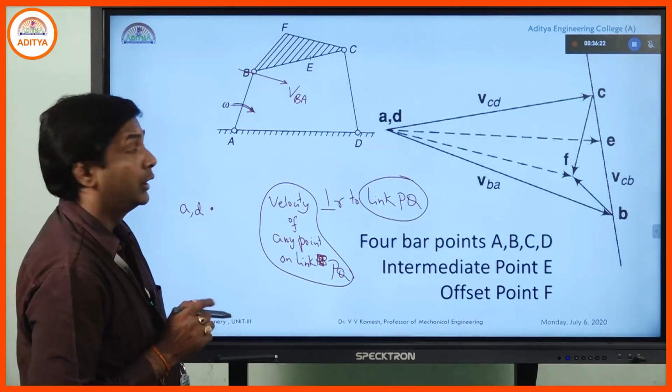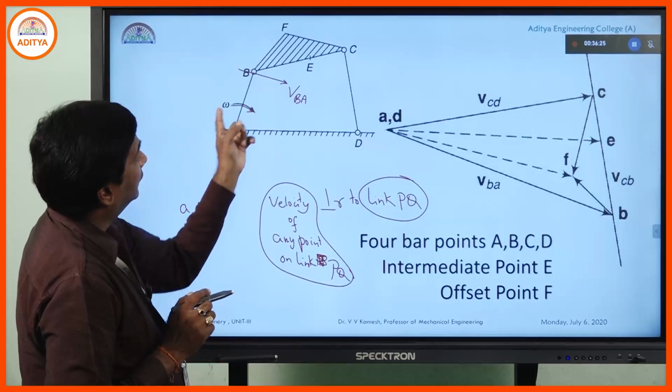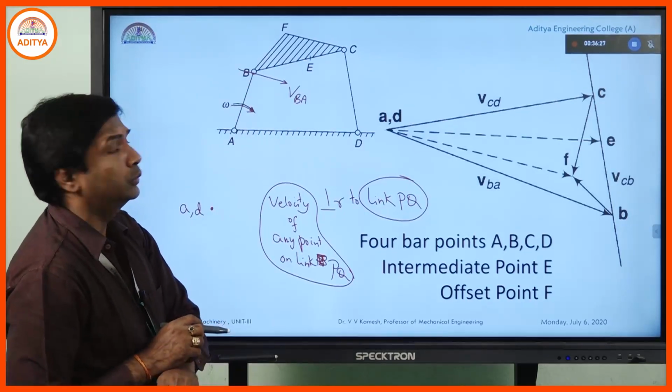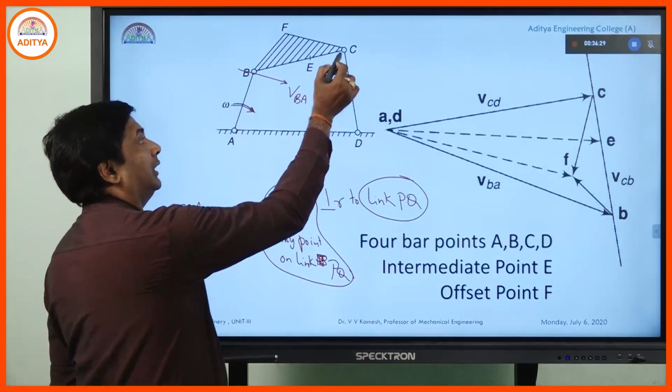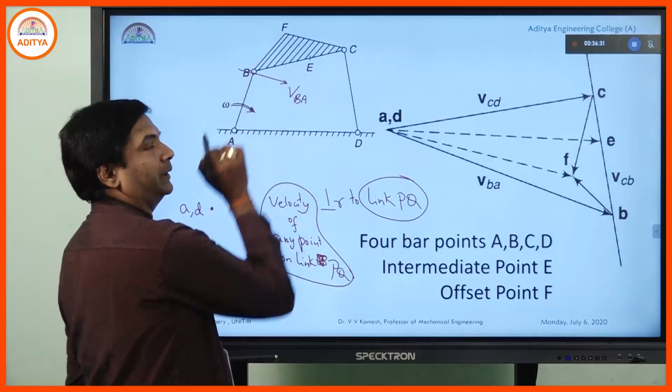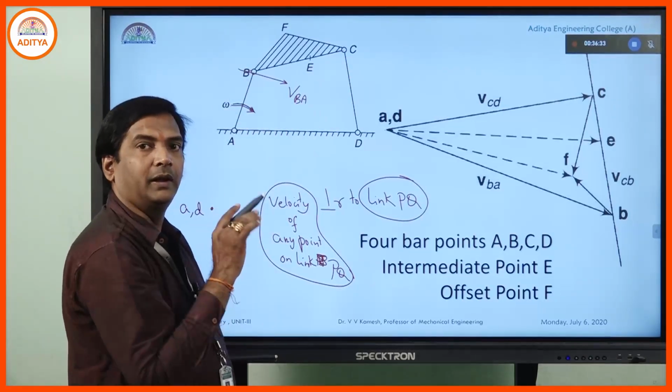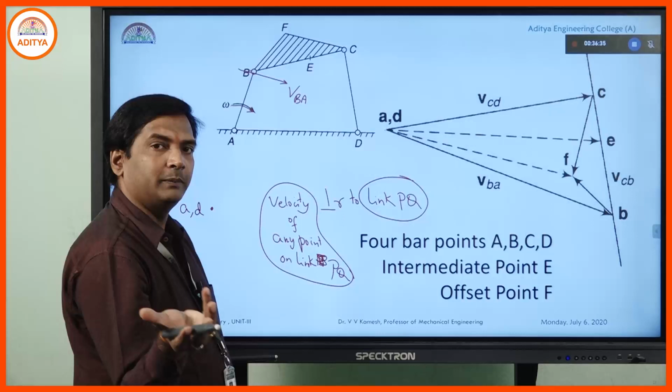right? Now, suppose we are extending the discussion to C. Velocity of C with respect to B, how will it be? Perpendicular to link BC.